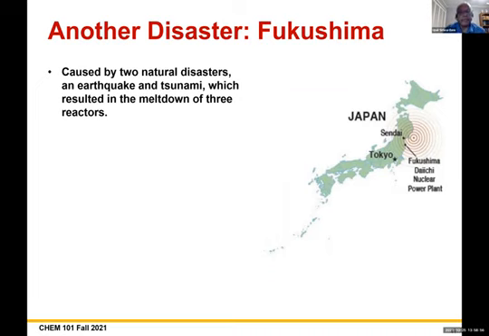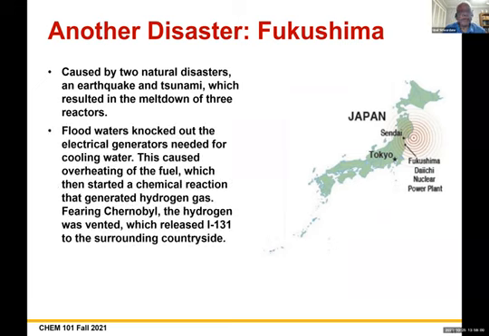This was caused by the tsunami. Floodwater created by the tsunami knocked out the generators needed for cooling water. This caused overheating of fuel rods, which then started a chemical reaction that generated hydrogen.